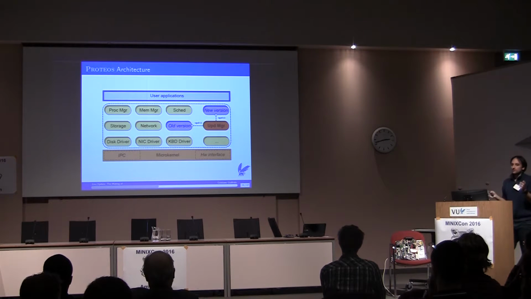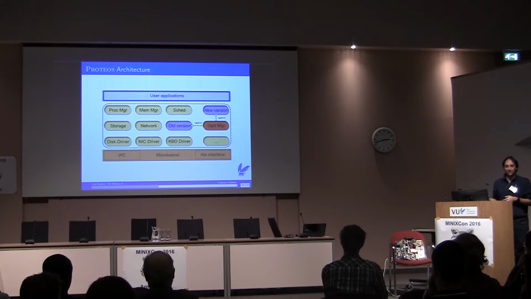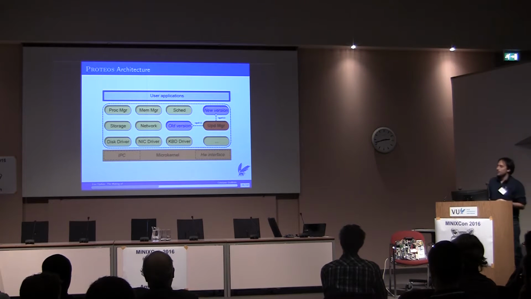So we implemented all these ideas in a research operating system prototype, which we call Proteus. This is its architecture. Surprise, surprise, it's a microkernel-based operating system architecture. Proteus actually was originally a fork of an old version of Minix. You can recognize the familiar design and architecture with a thin microkernel at the bottom, all the operating system components running as independent user-level processes.